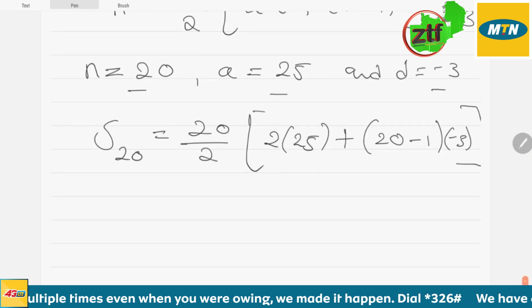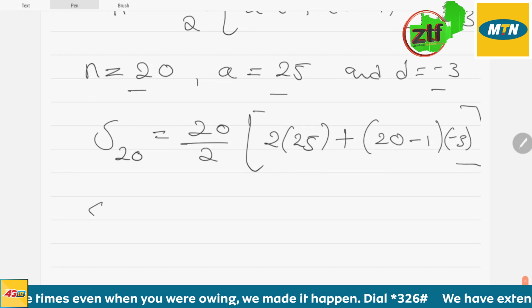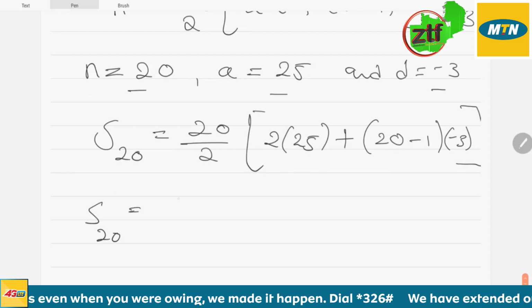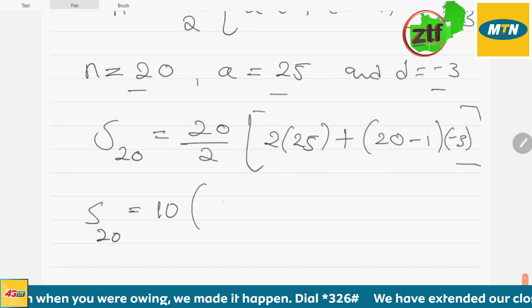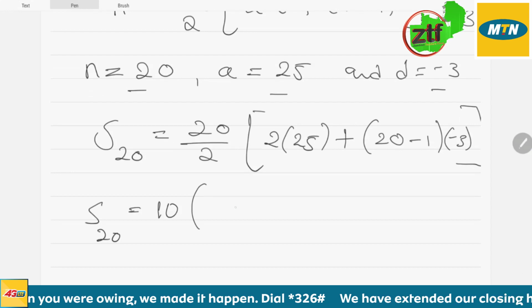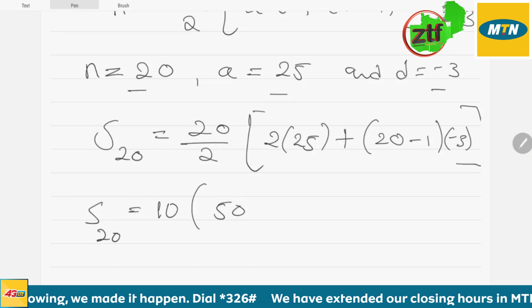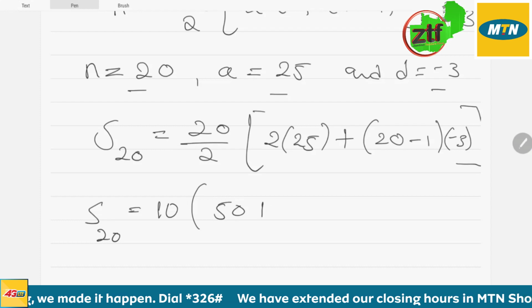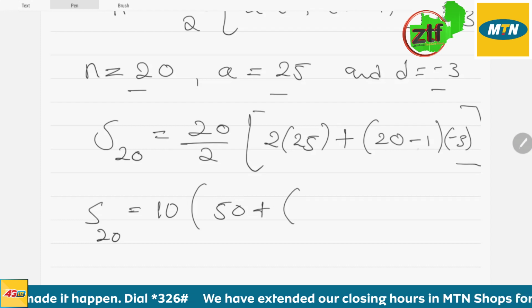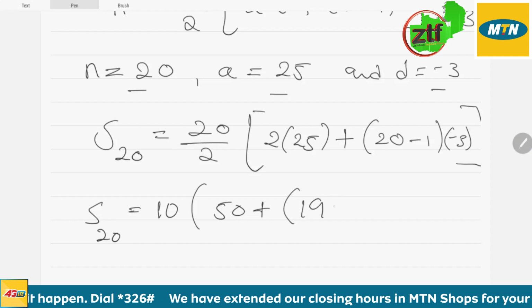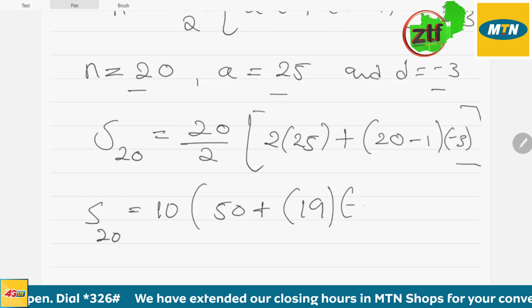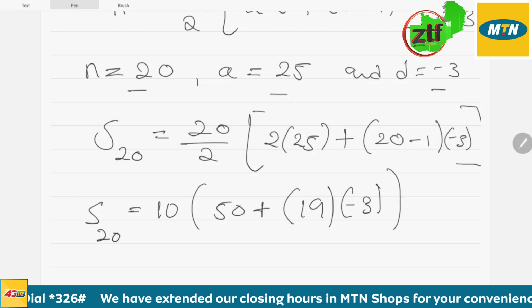Simplifying this, we have S20 will be equal to 10, then 2 times 25, you get 50, plus 20 minus 1, you have 19, then you multiply 19 by 3.